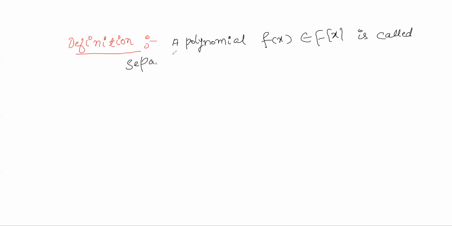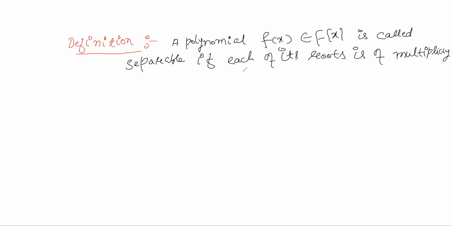A polynomial f(x) in F[x], where F is a field, is called separable if each of its roots is of multiplicity 1, or you can say a simple root.